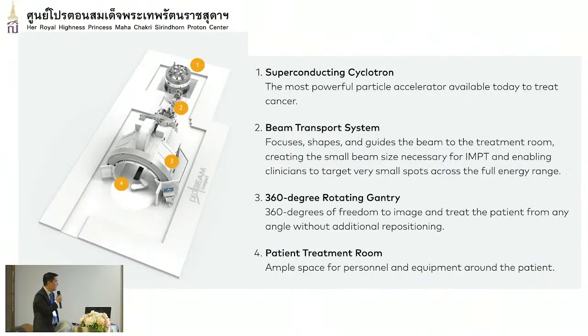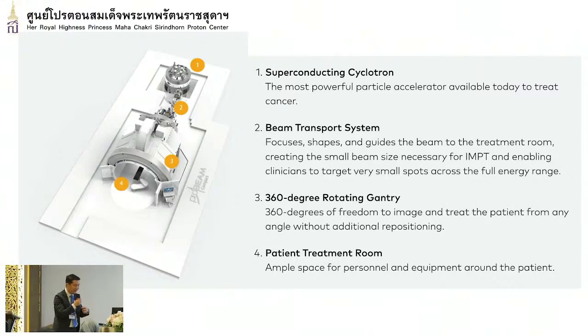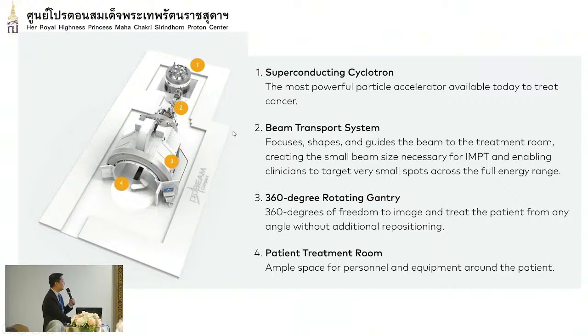This is also an outline of our facility. We have the synchrotron, the beam transport system, and the big gantry, and the table where the patient lies down like this.